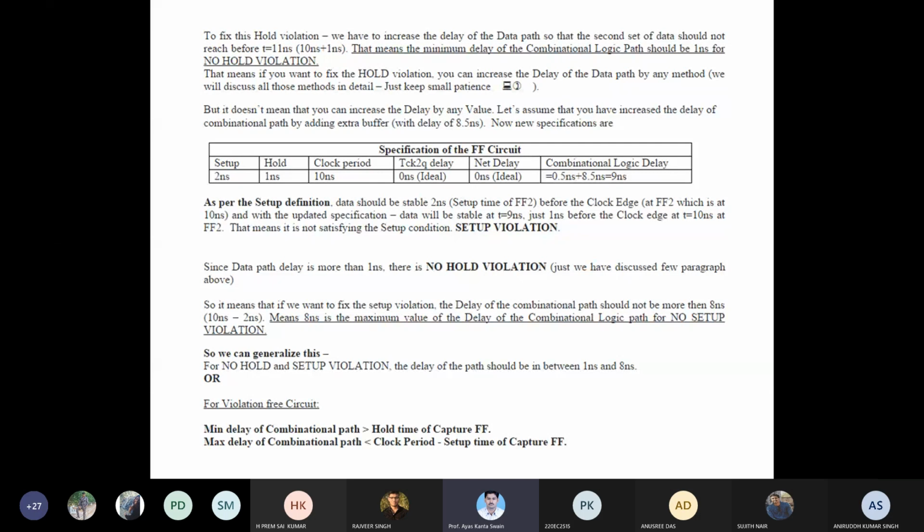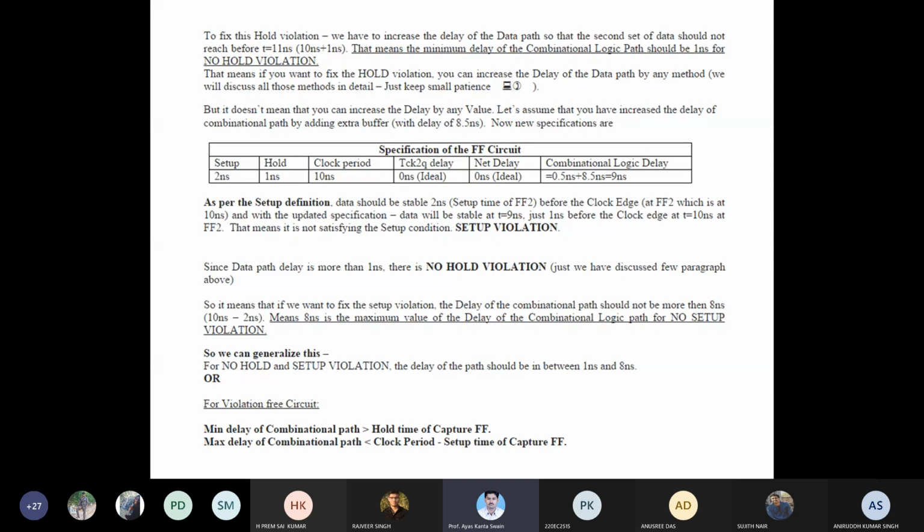Okay, so if I generalize, can we say this? For no hold and setup violation, the delay of the path should be in between 1 nanosecond and 8 nanosecond. So see, 1 nanosecond is the hold value, 8 nanosecond is 10 nanosecond minus 2, which is clock period minus setup time in this design.